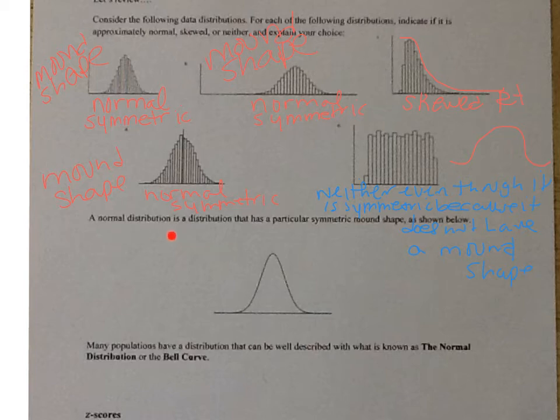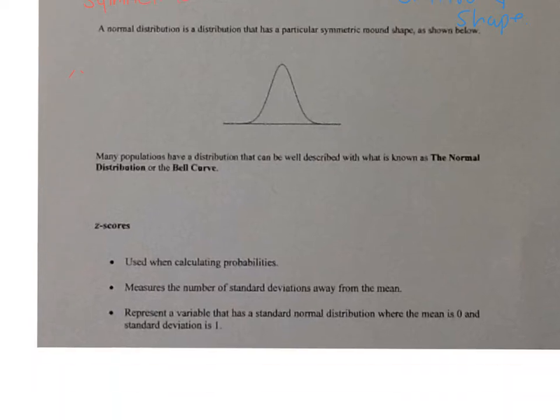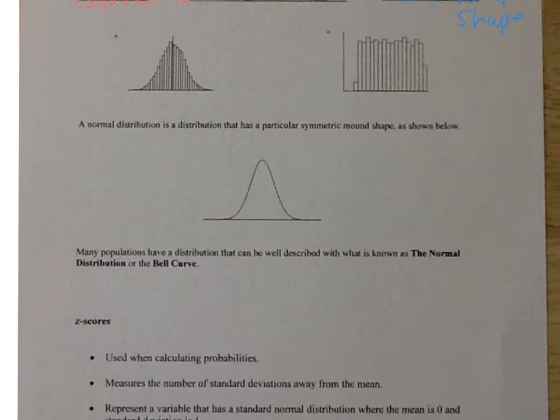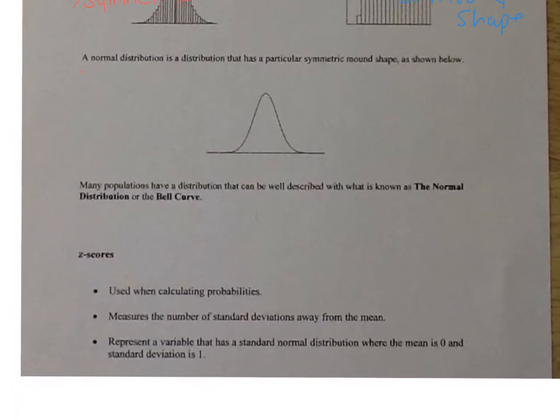It says a normal distribution is a distribution that has, actually let me move this all up. A normal distribution is a distribution that has a particular symmetric mound shape as shown below. So see this shape here? It looks like a mound. It's called a bell curve or the normal distribution curve.